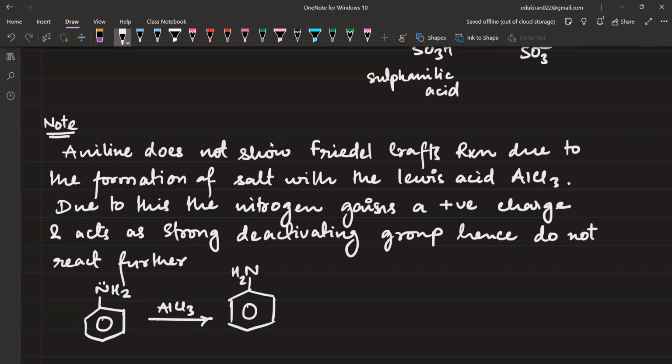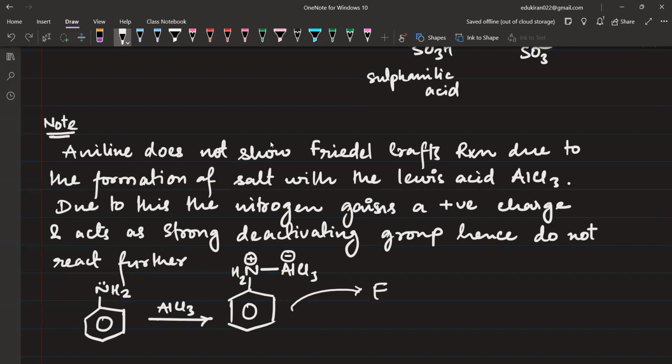Nitrogen NH2 as it is, with a bond to AlCl3, in which nitrogen has a positive charge. Aluminium atom is going to have a negative charge because nitrogen is giving electrons and aluminium is taking electrons. Because it now has a positive charge, it is going to pull electron density from the benzene ring, making it deactivating. And because it is deactivating, it cannot further react. It cannot attack an electrophile.